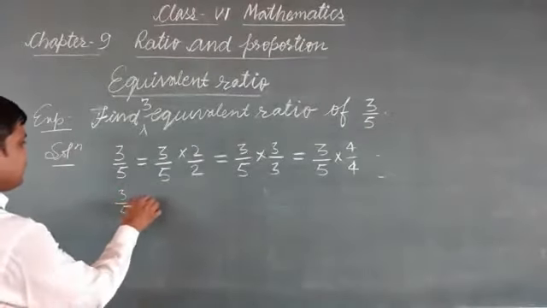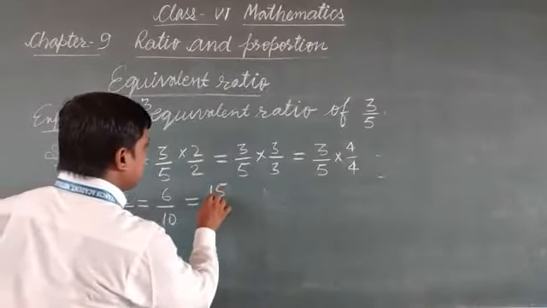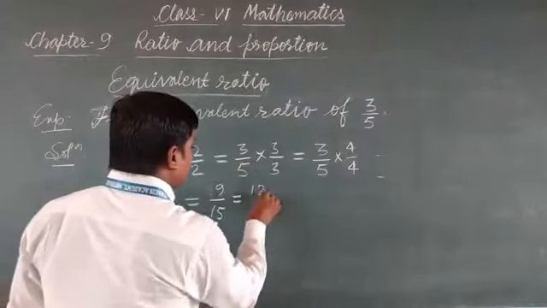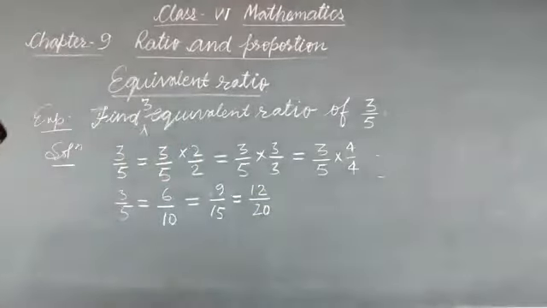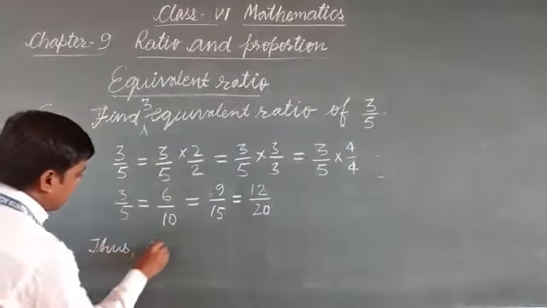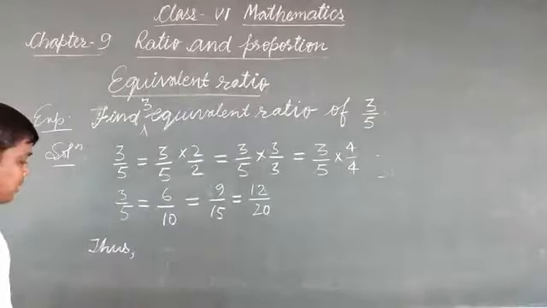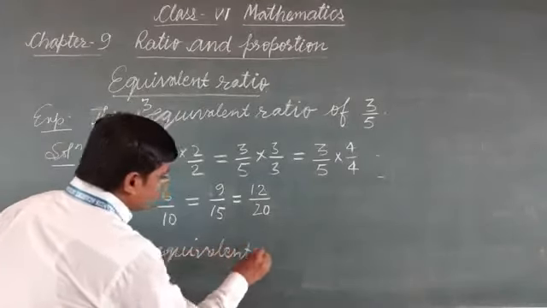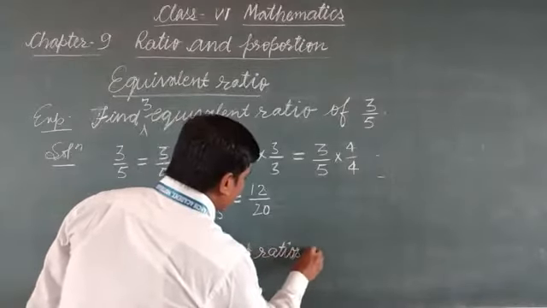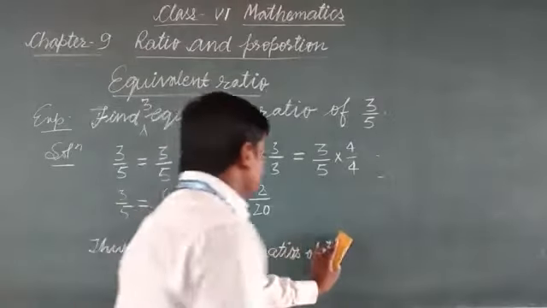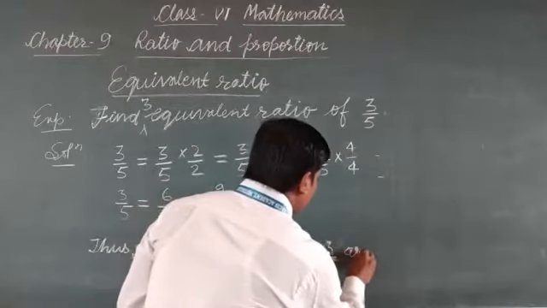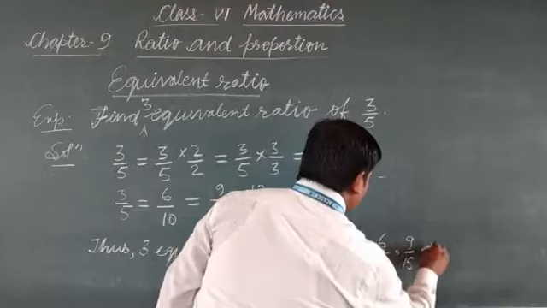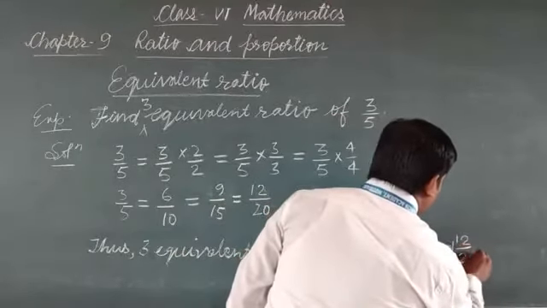Then 3/5 is equal to 6/10, equal to 9/15, equal to 12/20. Thus, the 3 equivalent ratios of 3/5 are 6/10, 9/15 and 12/20.